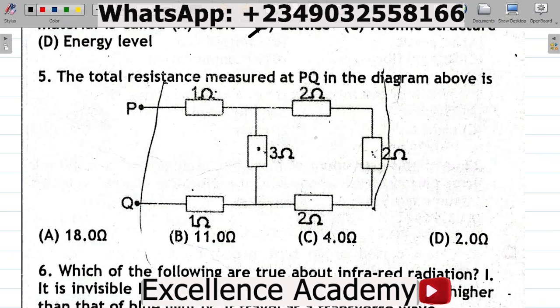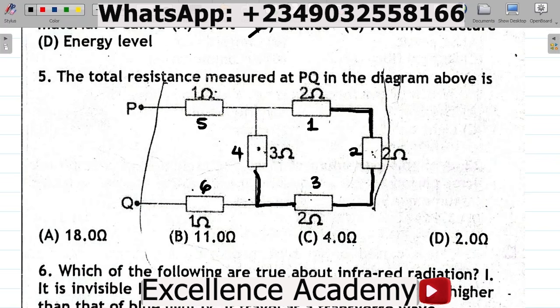The first thing you want to notice is that if I call this resistor 1, let me call this 2, let me call this 3, let me call this 4, let me call this 5, and let me call this 6. The first thing you want to notice is that 1 is connected end to end to 2, and 2 is connected end to end with 3. All right. Now we don't say 3 is connected end to end with 4.